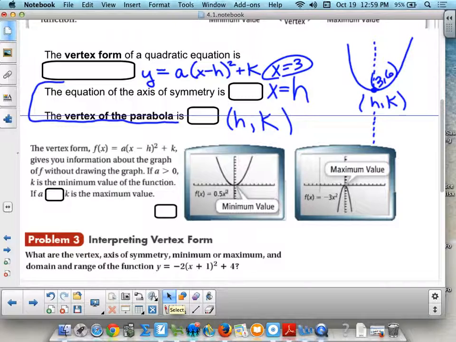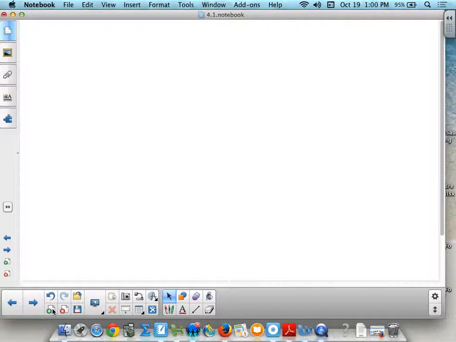Up. K is the minimum value of the function. If a is less than 0, k is the maximum value of the parabola. How do I explain that one? I think this is all it is.